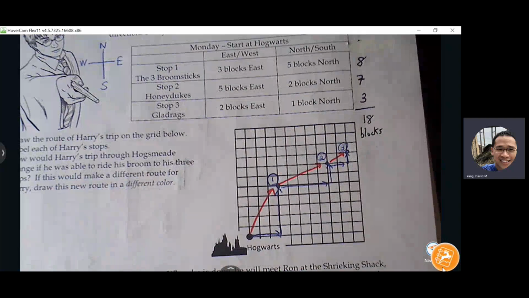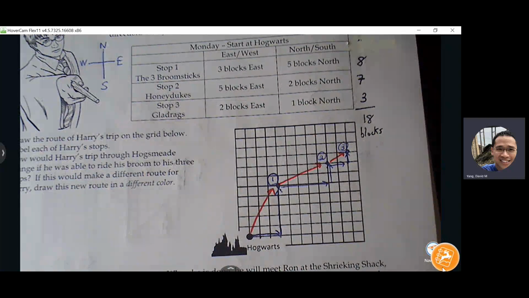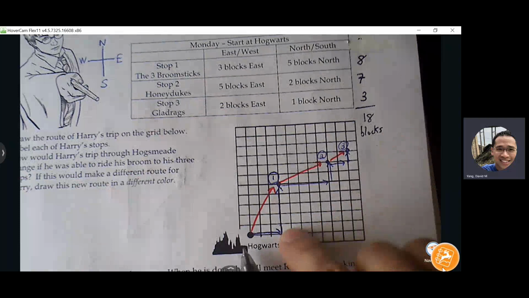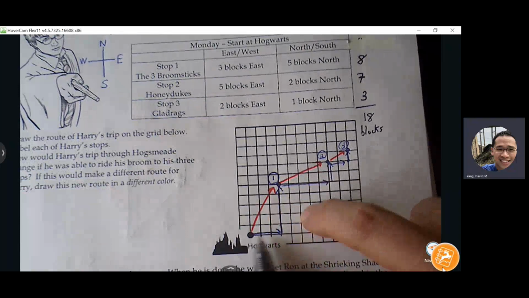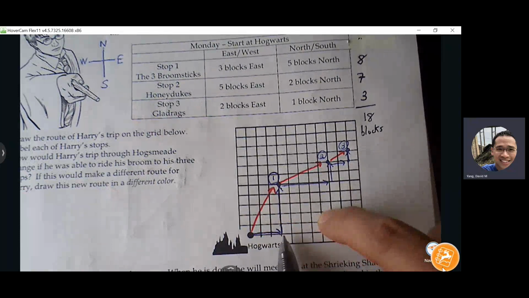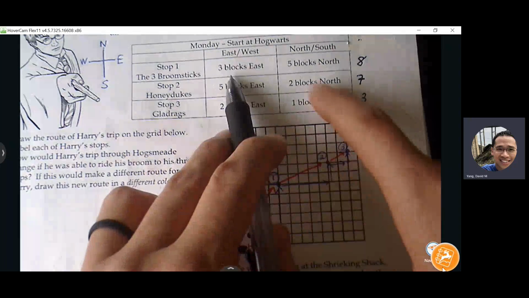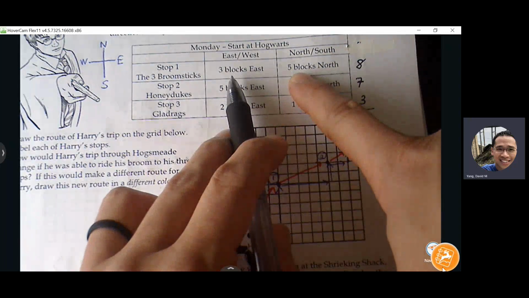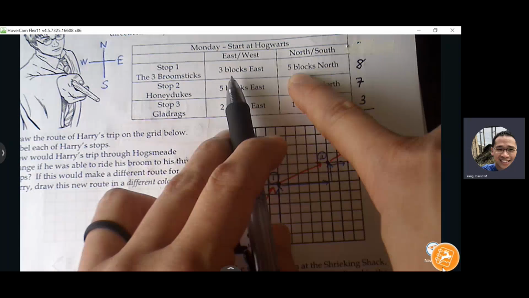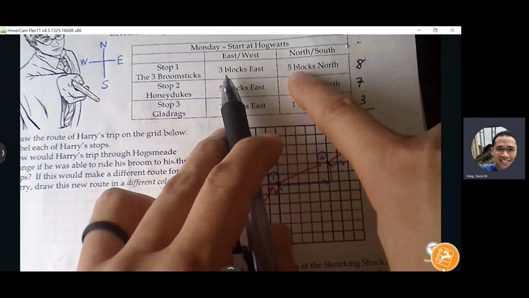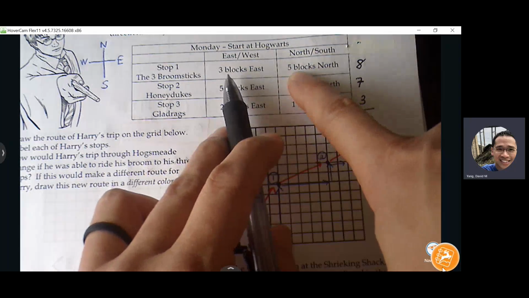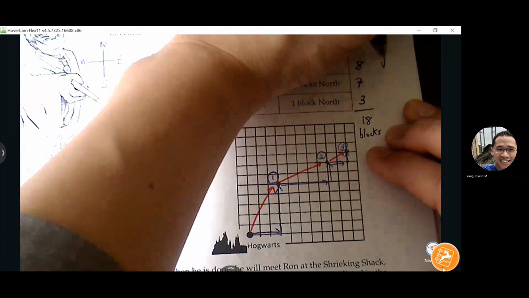But his travel using a straight path would be a lot quicker, right? So Pythagorean theorem, we know the hypotenuse is the square root of a squared plus b squared. So the square root of 3 squared plus 5 squared would be the square root of 25 plus 9, which is 34.